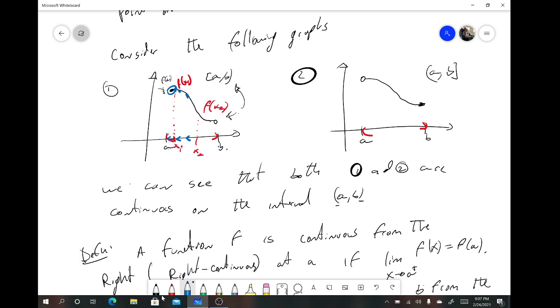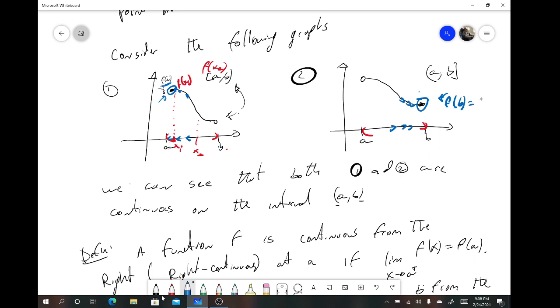which means that the limit as x approaches a from the right is the same thing as f of a. If you were to take the limit, you will get this point, but that point is precisely the point that we get when you plug in a into the function. And the same is true for this one right here if you go from the left side. So if you were to take the limit as x approaches b from the left side, you'll be approaching this point right here, but that point is precisely the value of f of b.